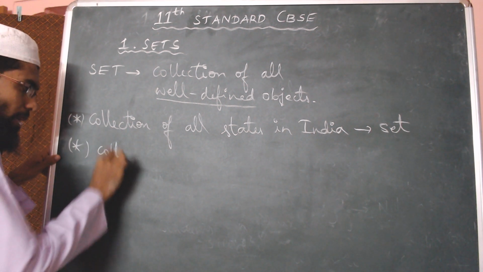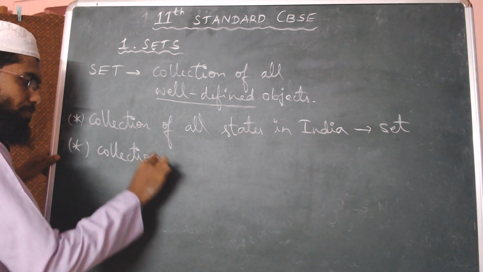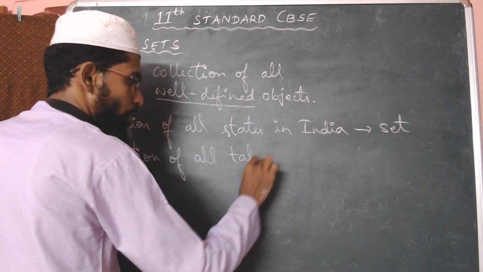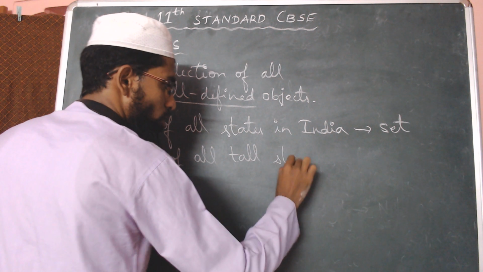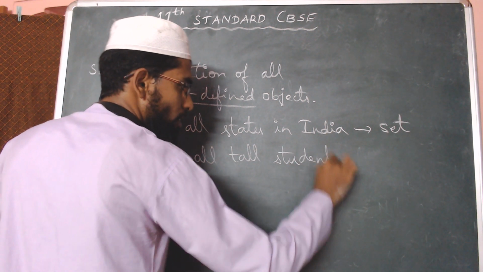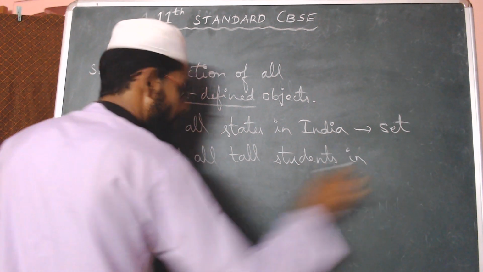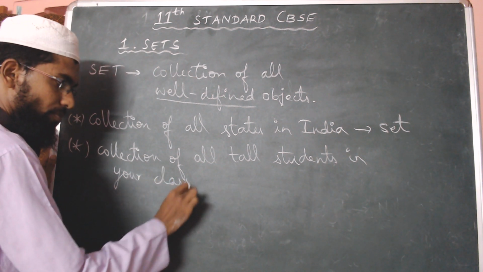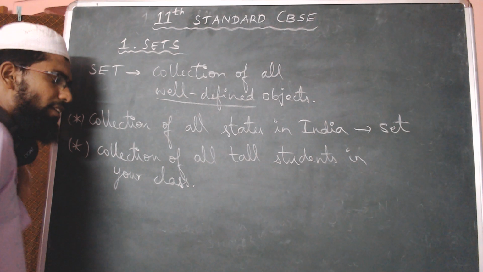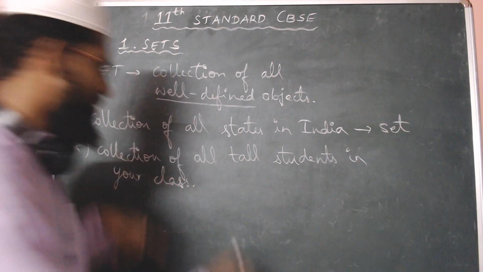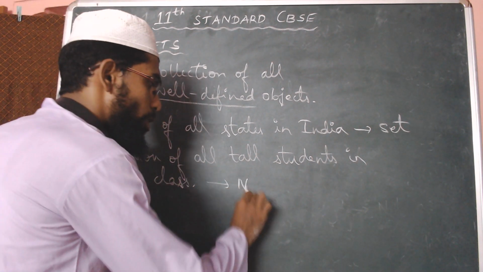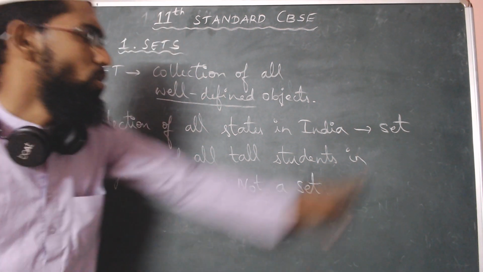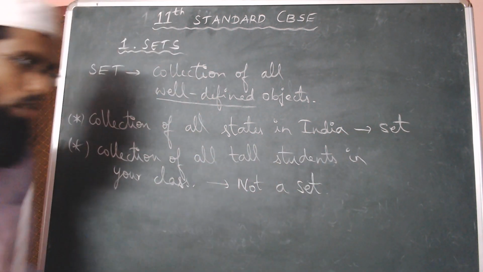This will be a non-example: the collection of all tall students in your class. Now this is a set and this is not a set. So why is this a set and why is this not a set?